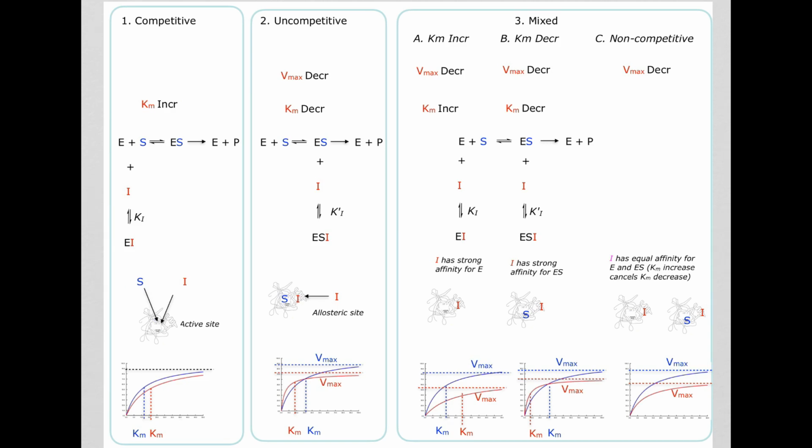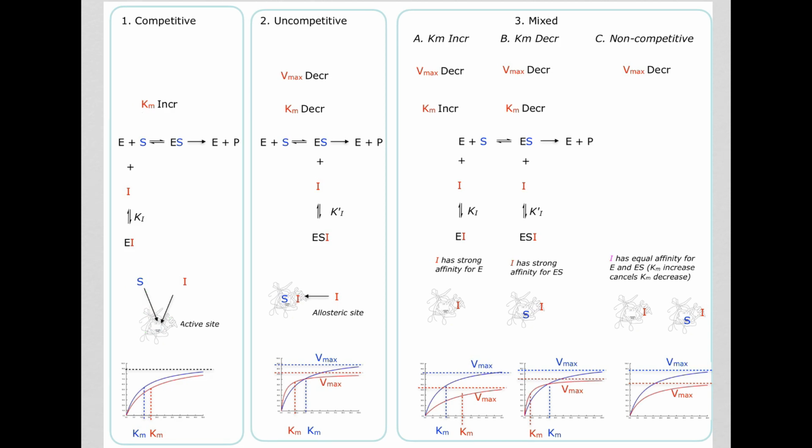Now the Vmax is not affected because under high substrate concentrations, if we add more and more substrate compared to the inhibitor, the substrate statistically is going to bind simply because there is more substrate compared to the inhibitor, and that substrate binding will bring back the original Vmax. So Km is increased, but the Vmax is not affected in competitive inhibition.